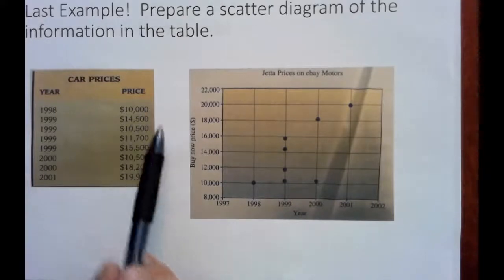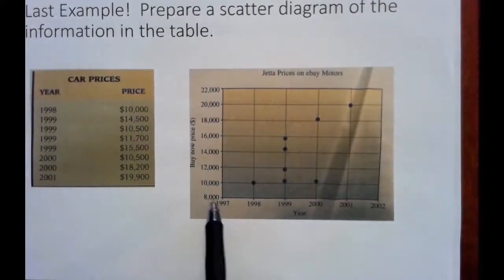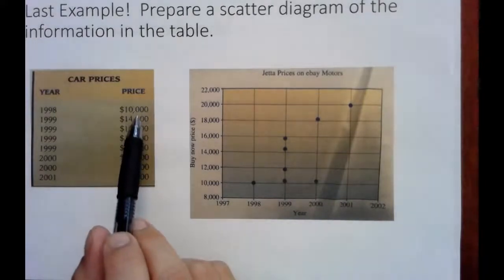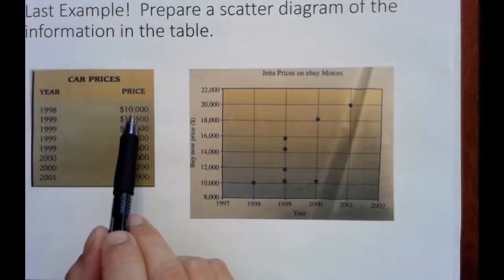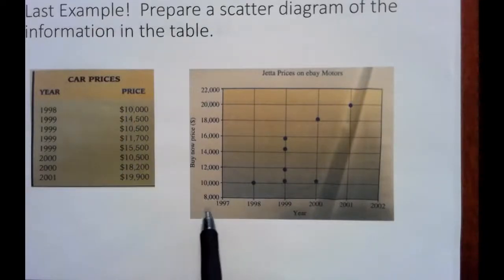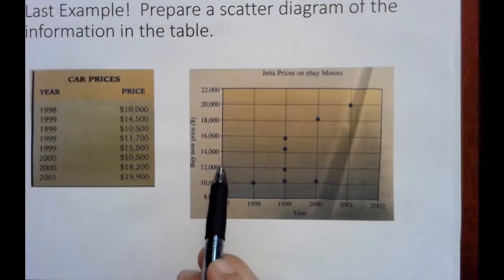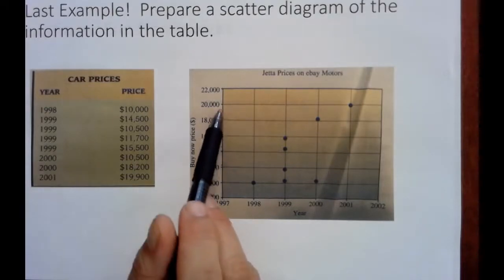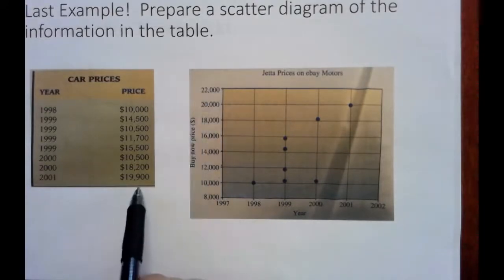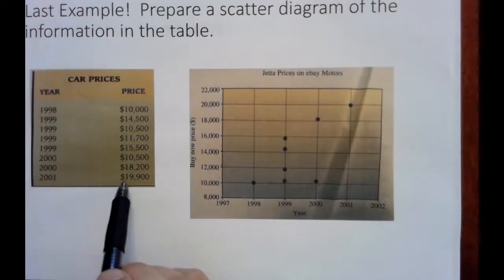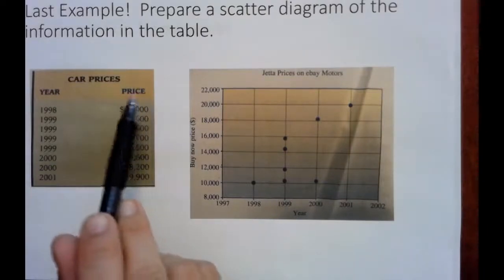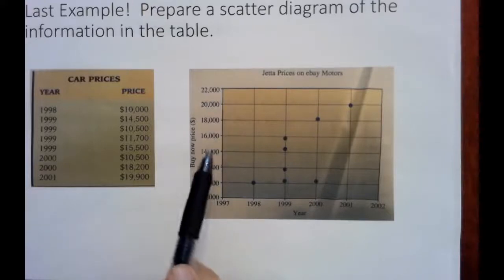It's always good to start your graph a little bit below your lowest, if you can. Since it's 10,000, we can start at 8,000 and then go up in increments of 2: 8,000, 10,000, 12,000, 14, 16, 18, 20, 22. That's very good because it includes all our data. All our data can be graphed here.